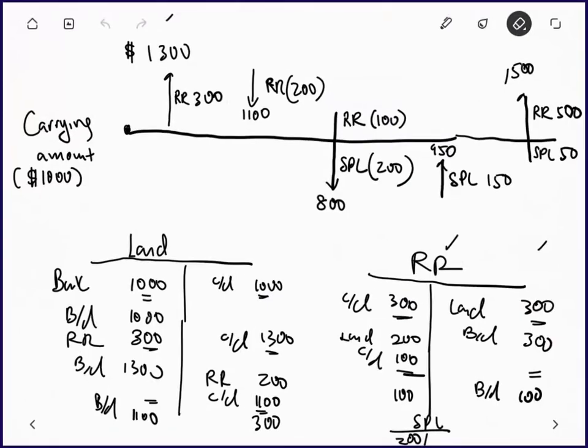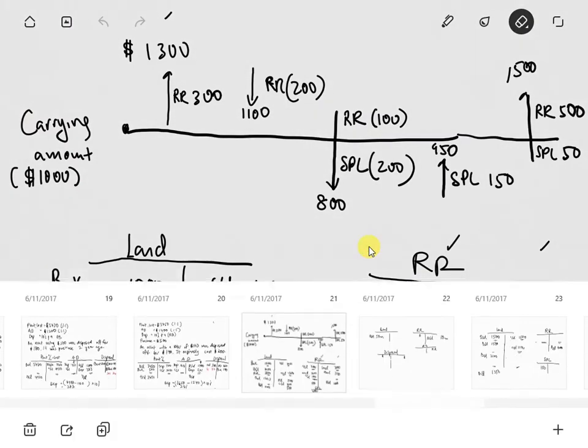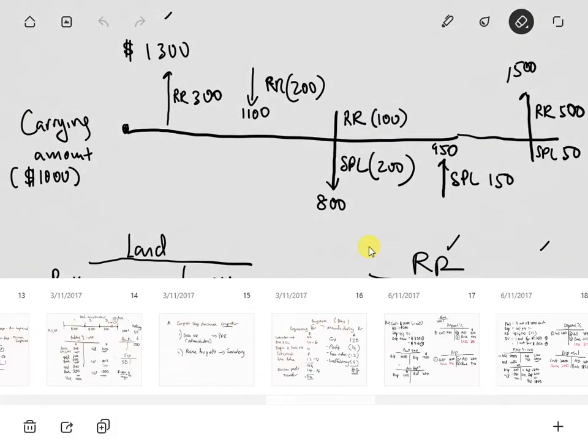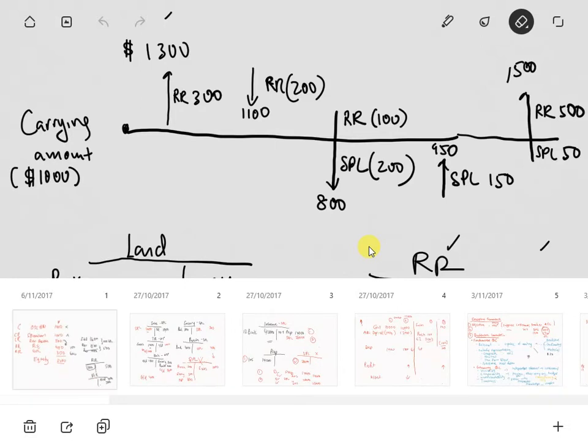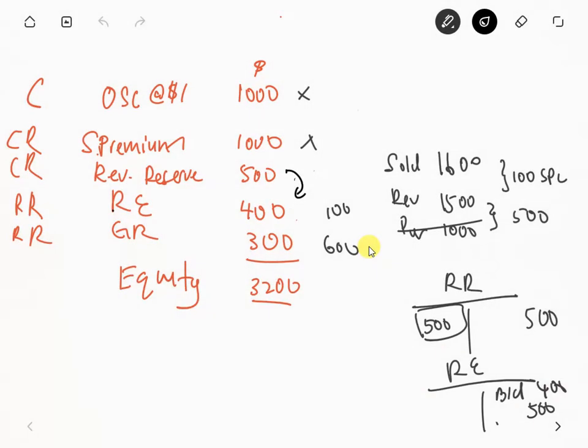Remember tutorial 1? Ordinary share, share premium, capital reserve. These two are capital reserves, non-distributable reserves. From 1,000 revalue to 1,500, RR 500 here. I sell it for 1,600, I make a gain.